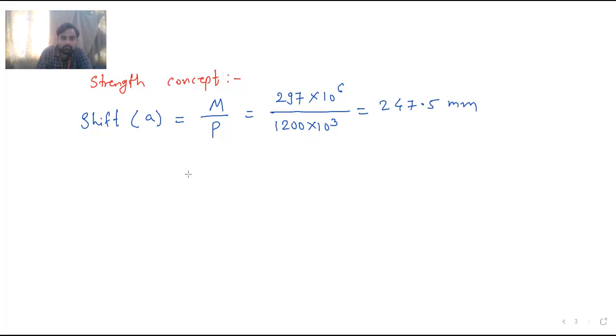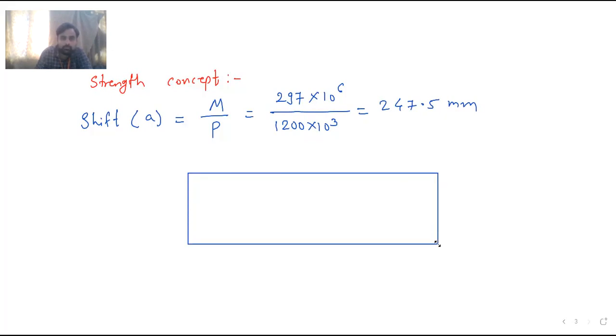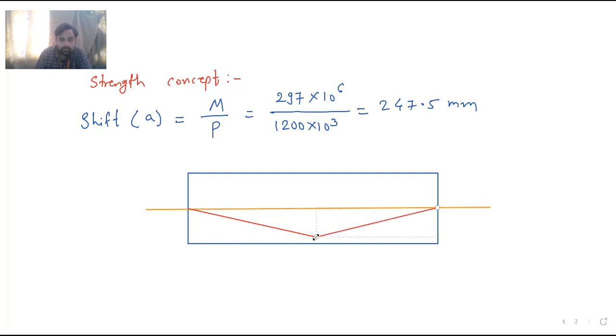So in the diagram, this is your beam. Here it is the neutral axis. Now the tendon which is given to you is the bent tendon. Initially, we assume that the C line is here at the bottom.